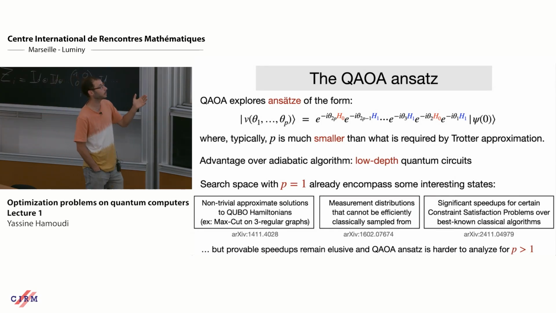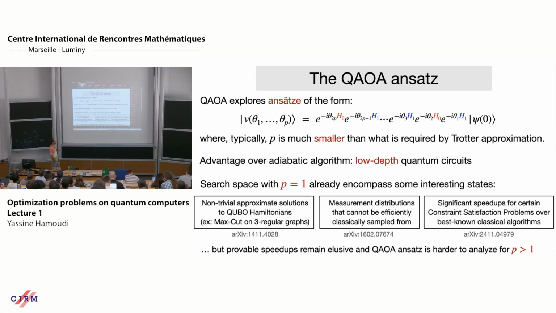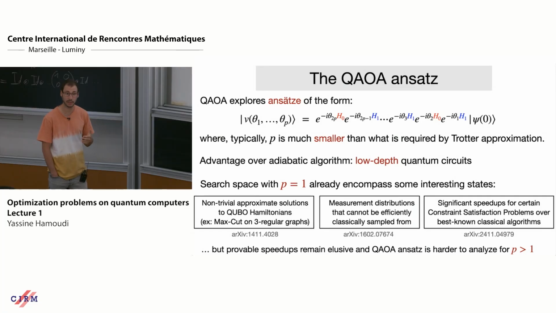For instance, the corresponding state that we obtain at the end with this kind of ansatz is giving you some good approximation to some Hamiltonian, and it has also some improvement in terms of what kind of distribution it can generate. So there are some provable statements about the quality of this kind of ansatz, but the difficulty is that provable speedups remain difficult to prove, and when p is larger than 1, it becomes even harder to analyze theoretically how good the ansatz could be.